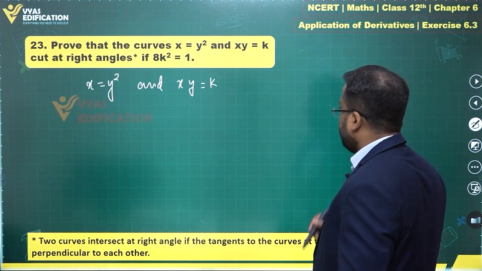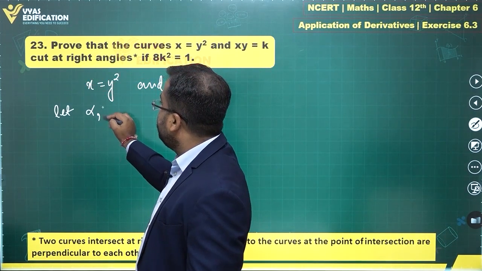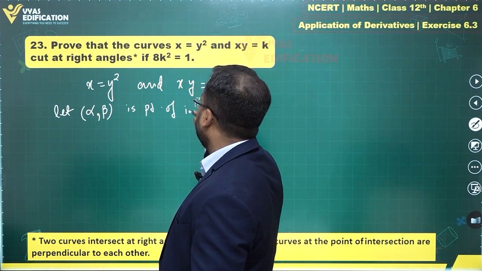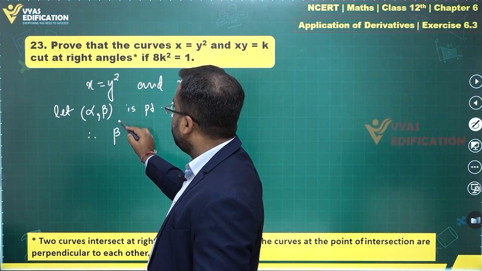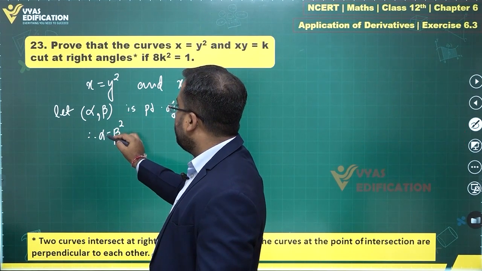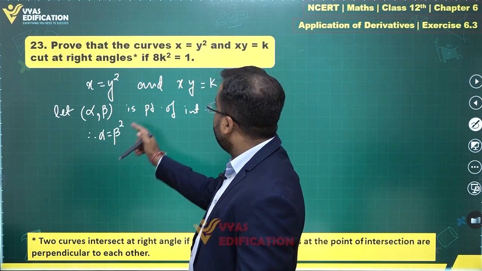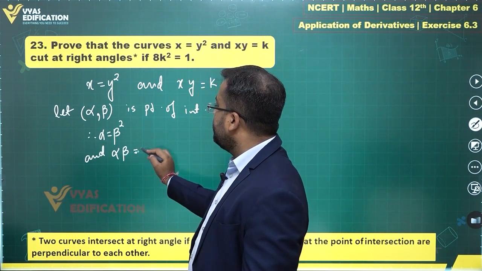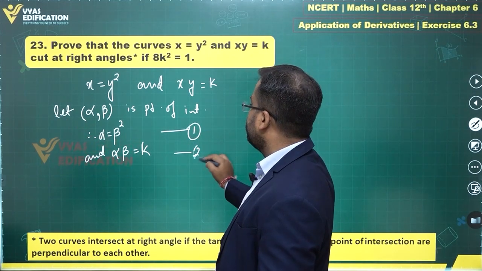So let alpha comma beta be the point of intersection. Therefore, alpha will be equal to beta square, since x is alpha and y is beta, and the other thing is alpha beta, the product, is equal to k. Those are two things that I know. This is the first equation, this is the second equation.